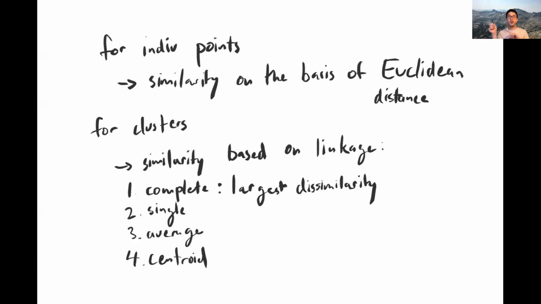So it's going to do this pairwise comparison, and then it's going to select the largest dissimilarity. And so that's a cluster compared to a single point. If it's a cluster versus a cluster, it does all the pairwise combinations of point comparisons, and it picks the largest dissimilarity. For single, it picks the smallest dissimilarity.